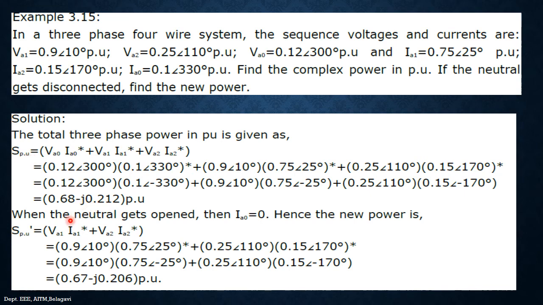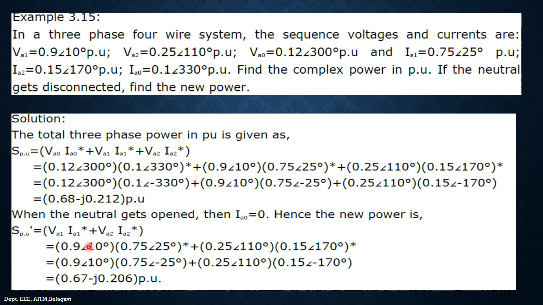Now suppose the neutral gets disconnected. That means the zero sequence component current will be equal to 0, and multiplying 0 with the respective voltage value gives 0. So we are not going to consider the zero sequence component voltage and current values here. We only consider the positive sequence voltage and current, and the negative sequence voltage and current values.